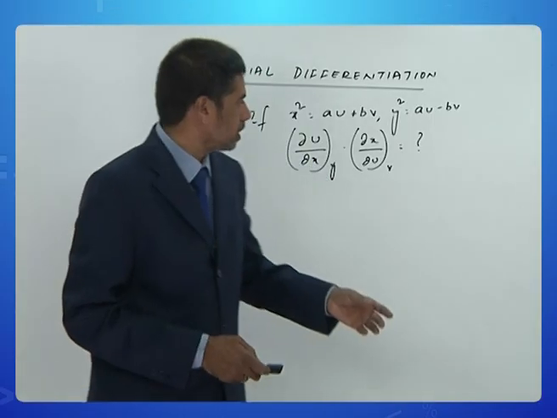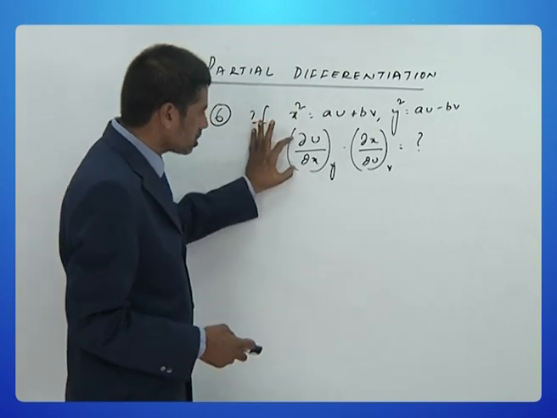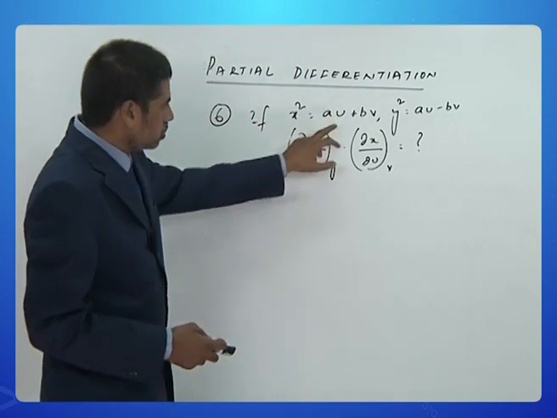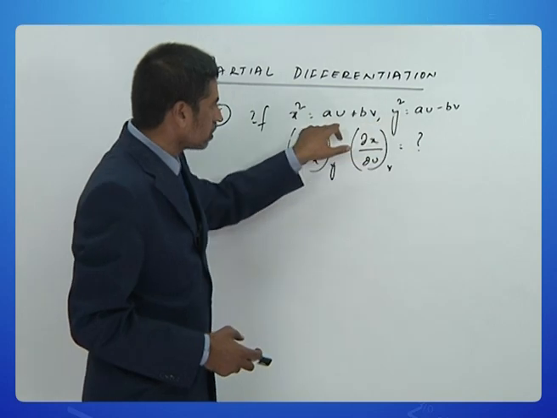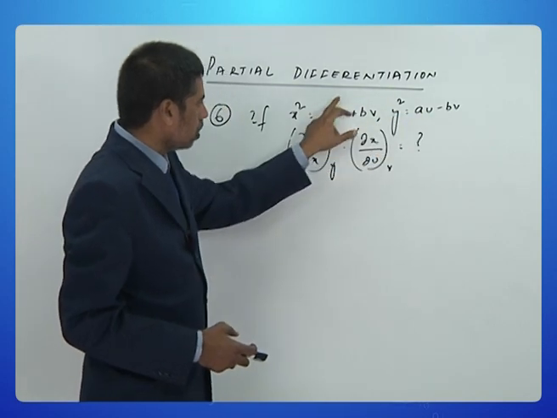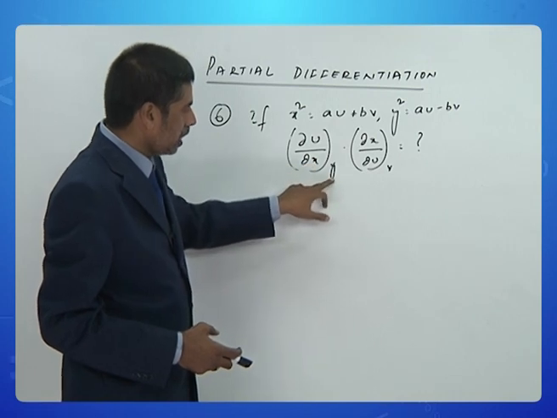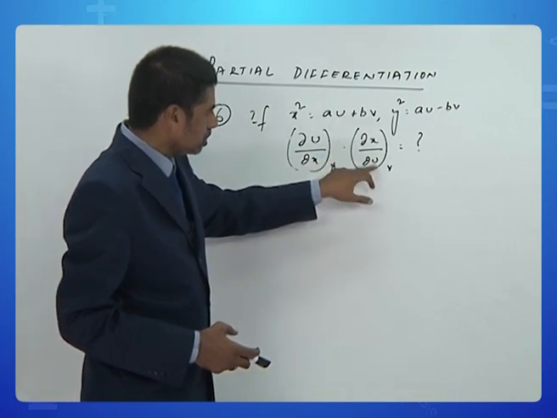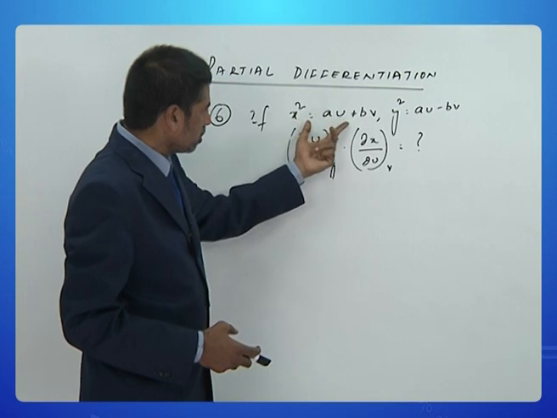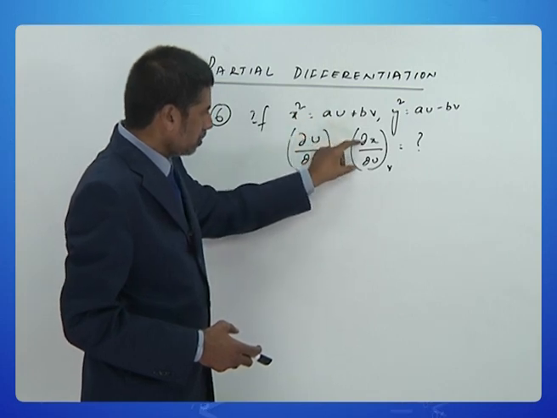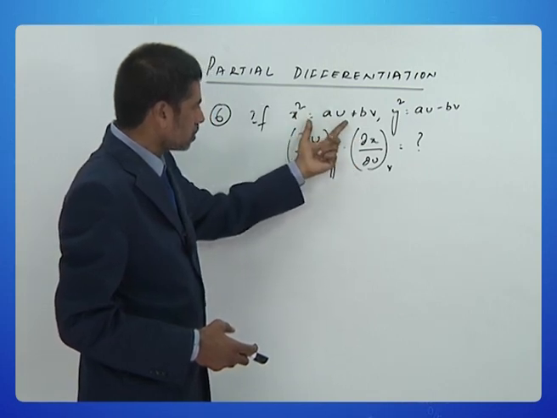Okay, first let us look at this part, dou u by dou x. Observe that u is distributed in two places. So we'll have to first solve these two equations for u in terms of x and y. Second part is straightforward because x is already present here. So for the second part of the calculation, this equation is enough.